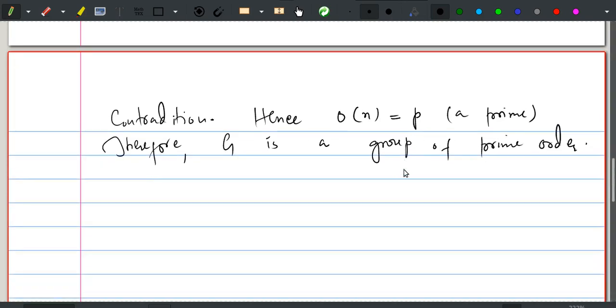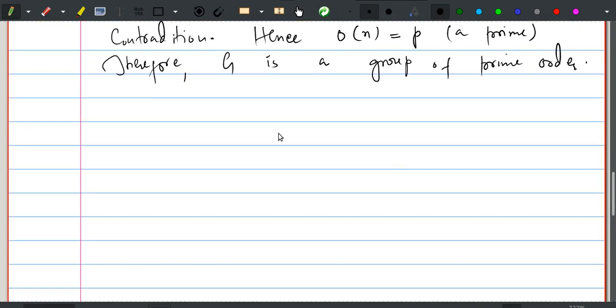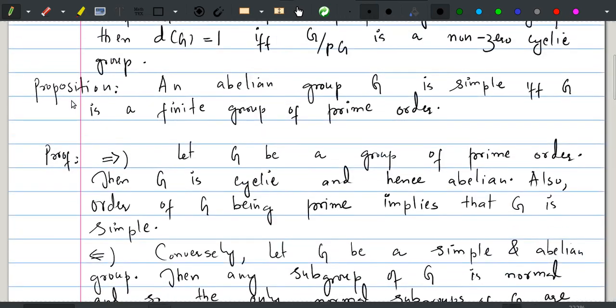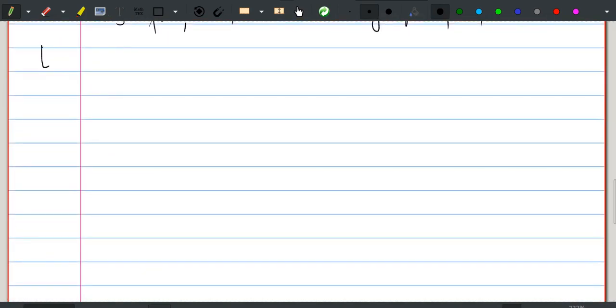Now there is one more result which we are going to use in the main lemma over here, and this lemma states that every group of order p square is abelian.